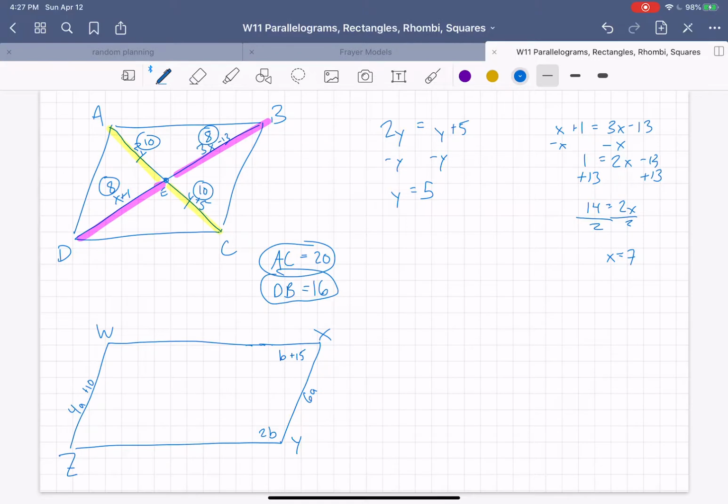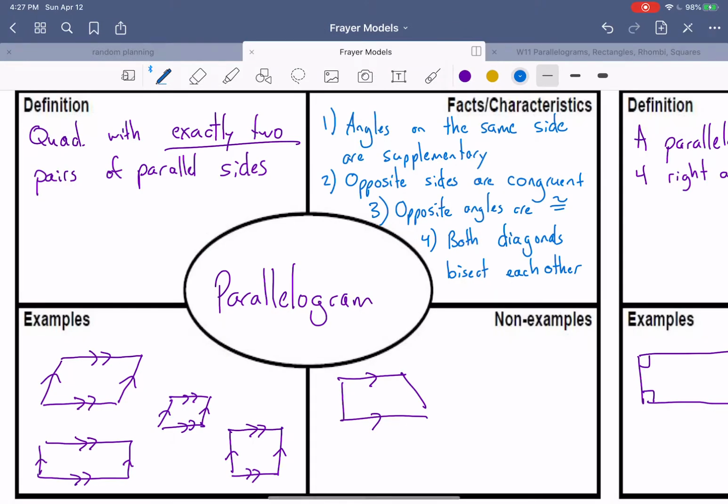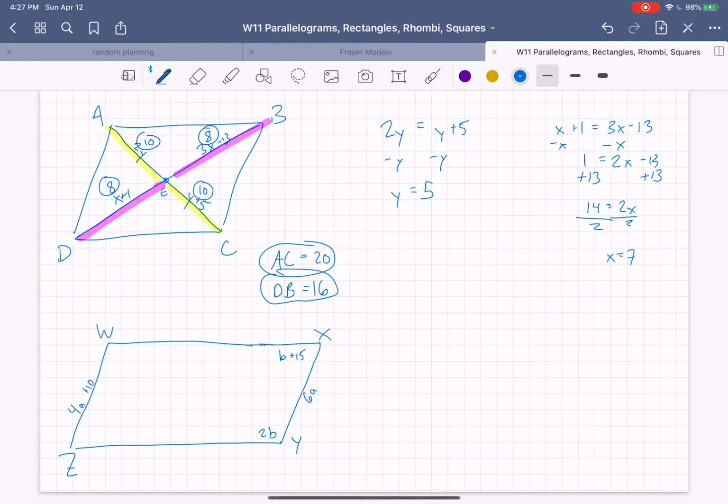If we look at our properties, the first property says angles on the same side are supplementary. So let's see if we have that. Do we have angles on the same side? And in fact, we do, right? B plus 15 is on the same side as 2B. So these are supplementary, which means we add them together and set it equal to 180.